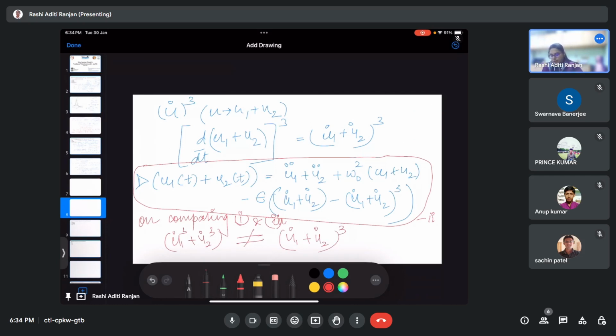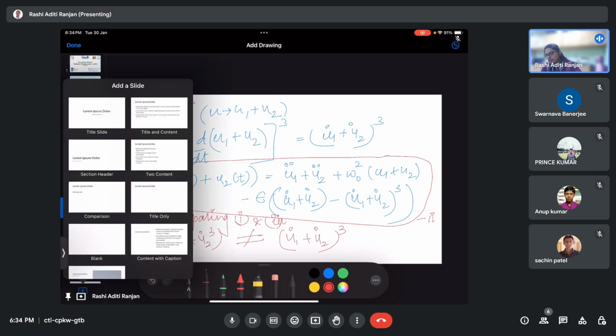So this shows that this equation does not satisfy the additive property as well. So from this, what can we conclude?